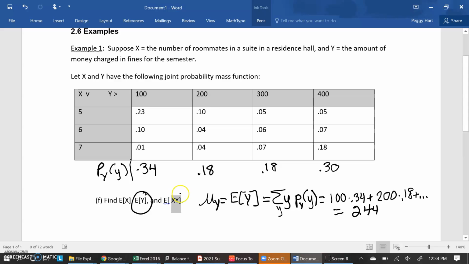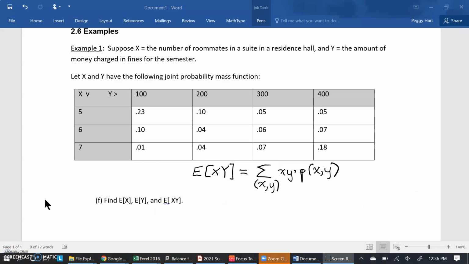Now let's see how we do the expected value of x times y. I wrote this formula here for the expected value of x times y. It looks a little different than the one in your book, but I think it makes more sense intuitively. What this summation means is it's the sum over all possible xy pairs.